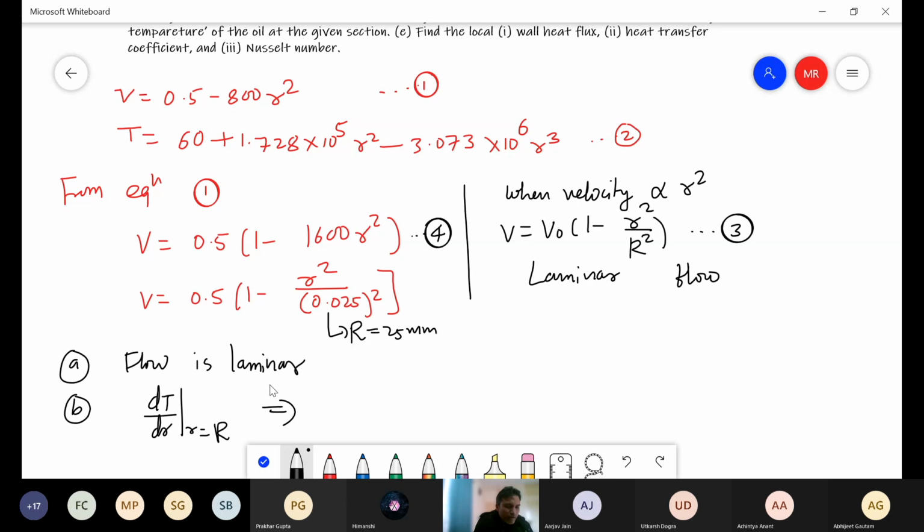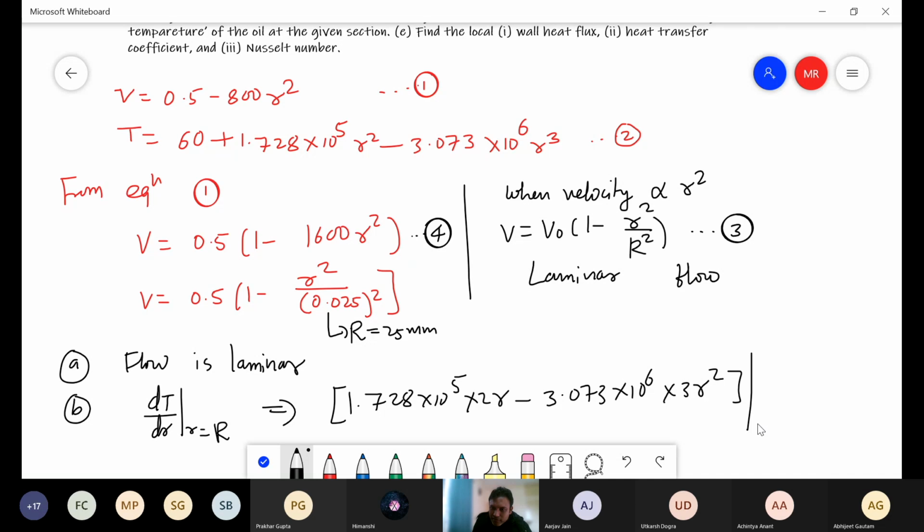With this, you are going to get 1.728 into 10 raised to power 5 into 2R minus 3.073 into 10 raised to power 6 into 3R square, and everything you are calculating at R equals 0.025. So what is the value you are getting?